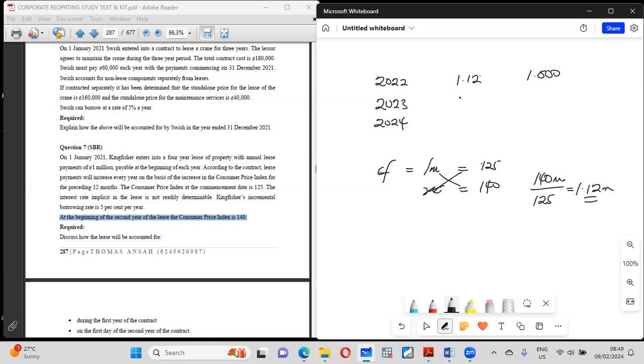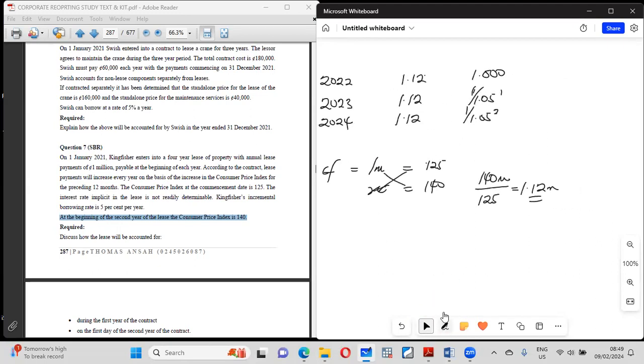Then here will be the same 1.12, but here we will PV it over 1.05. They didn't change anything, raised to the power 1. Then we have 1.12, so 1 over 1.05 raised to the power 2. You have to be very, very careful about that.